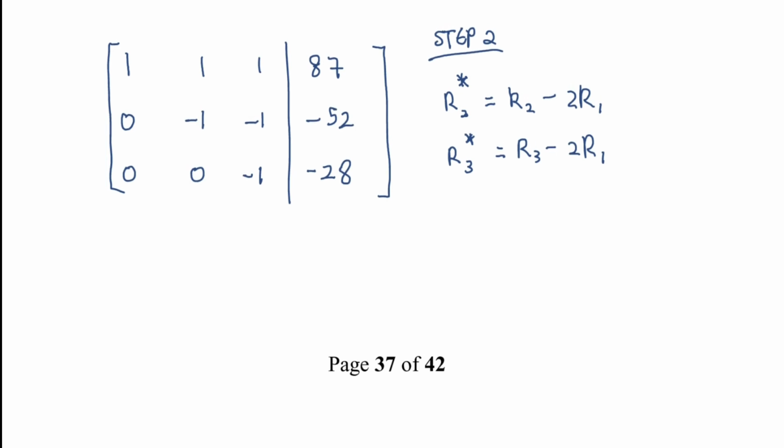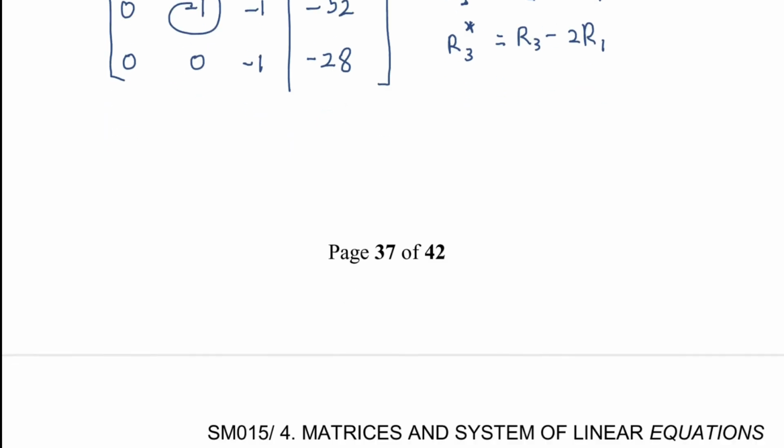Step 3 is where you want to obtain the leading diagonal here into 1. So the new row 2 is equal to negative row 2.